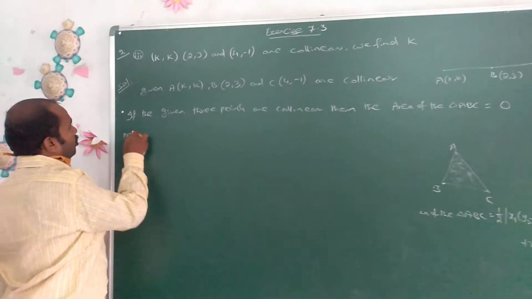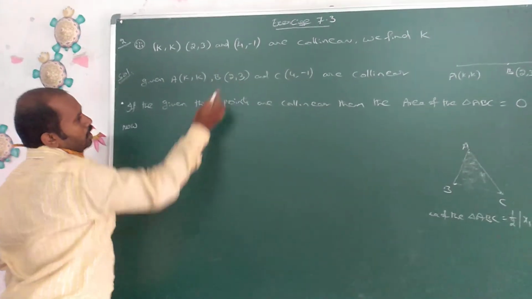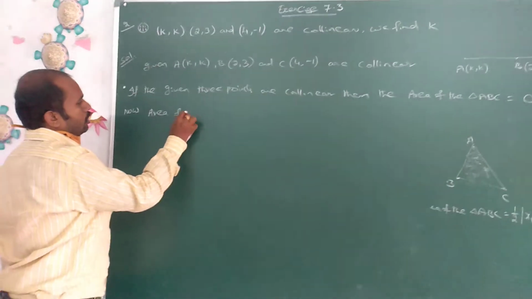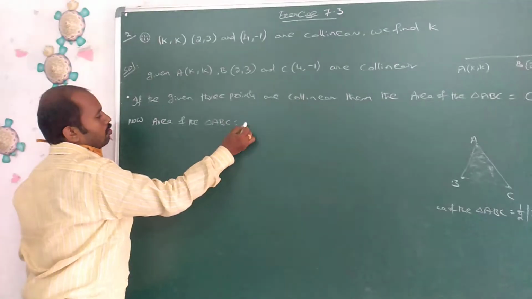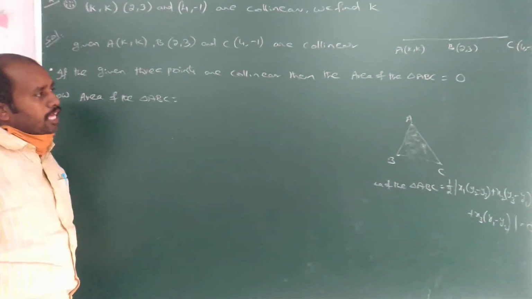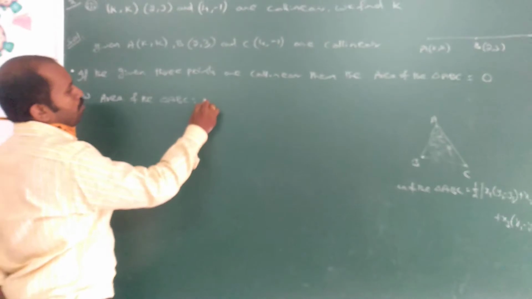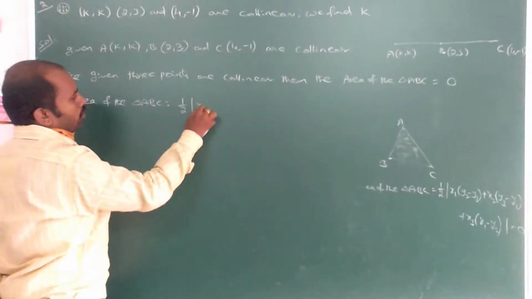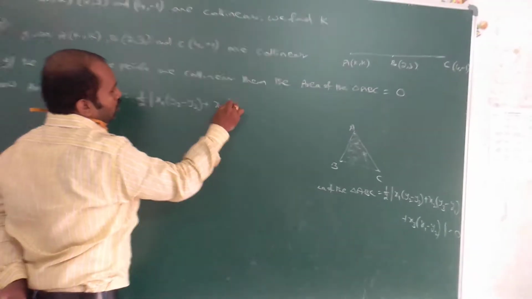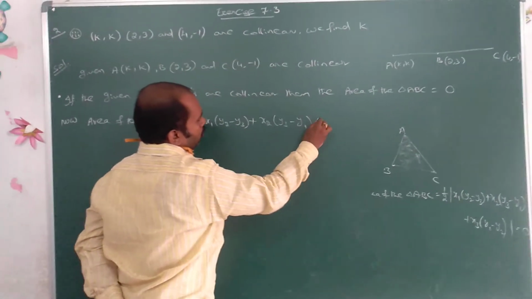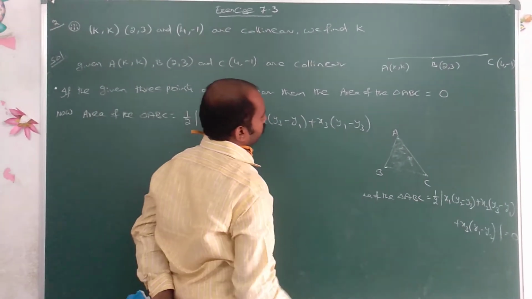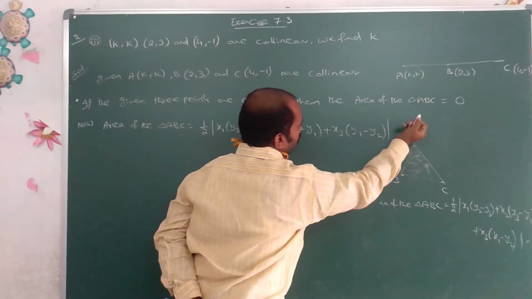Now we can find area of the triangle. Formula: area of the triangle ABC equal to, suppose A x1 y1, B x2 y2, C x3 y3, then the area of the triangle ABC equal to half modulus of x1 into y2 minus y3 plus x2 into y3 minus y1 plus x3 into y1 minus y2, small bracket close.